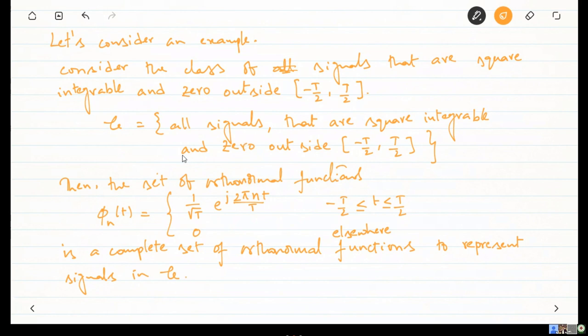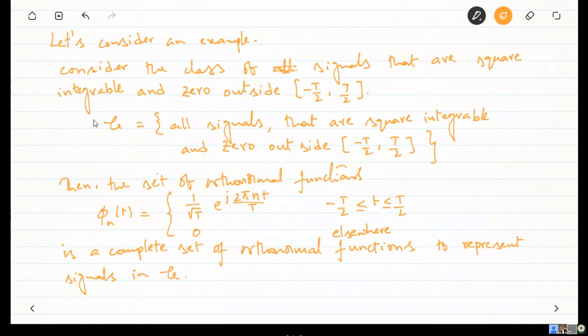So if C is a set of all signals that are square integrable and they are 0 outside the interval minus T by 2 to plus T by 2, then the set of orthonormal functions defined by this equation are complete for the signals in C. So these orthonormal functions are complete to represent the signals in C. What do we mean by that?